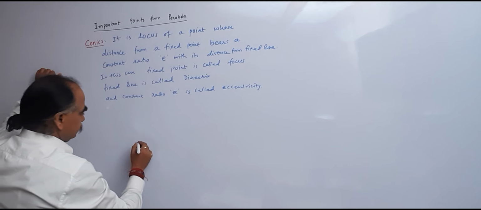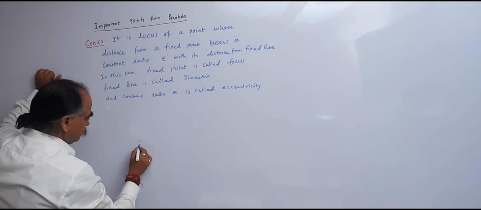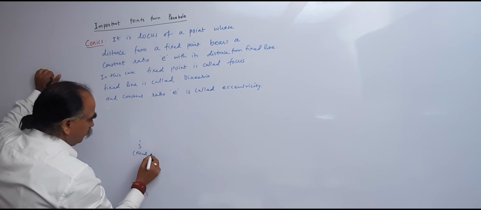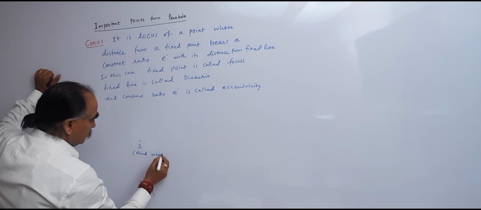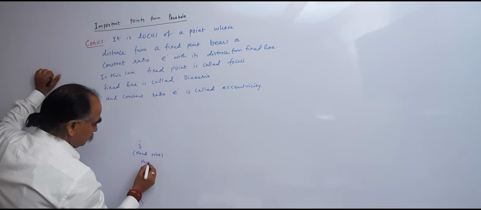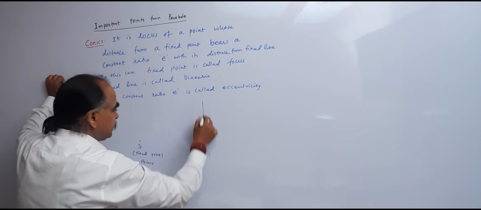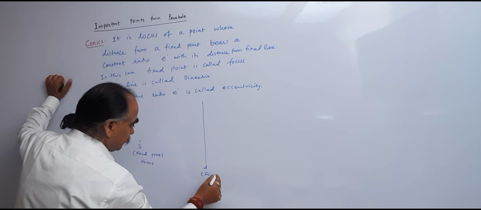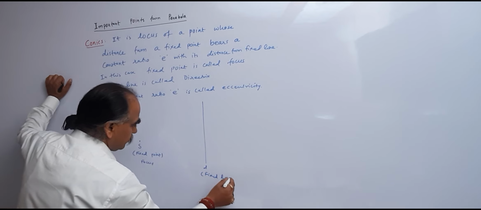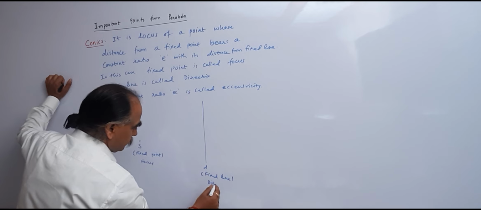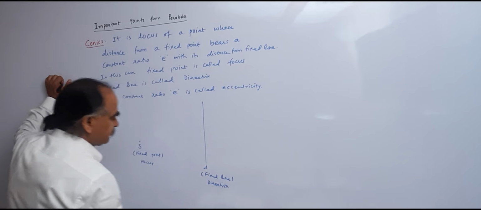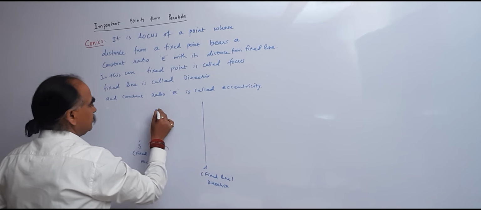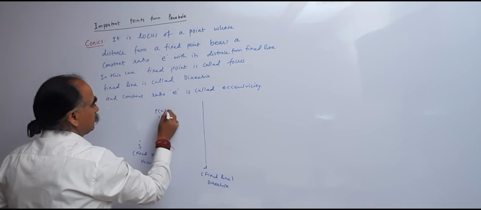You can see this. This is S, the fixed point known as focus. This is D, the fixed line known as directrix. This is P, a point on the conic.